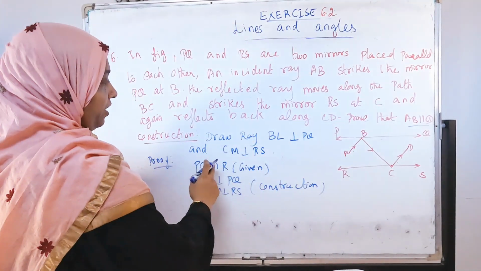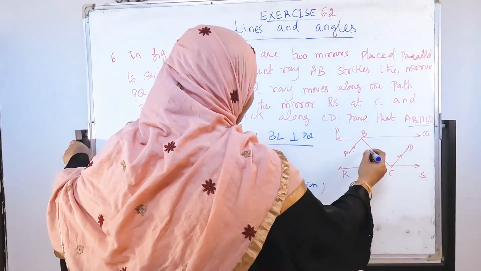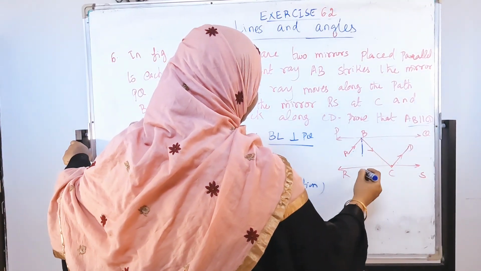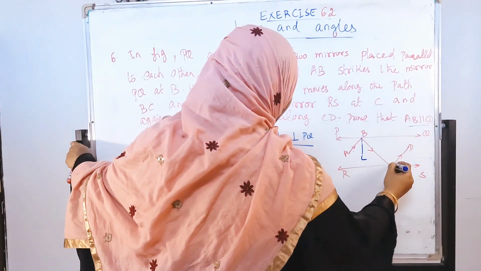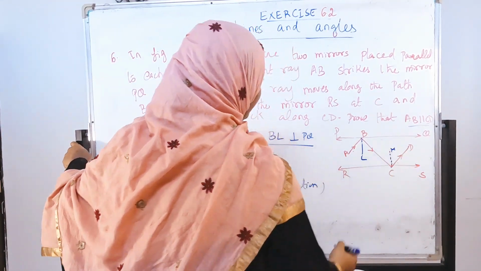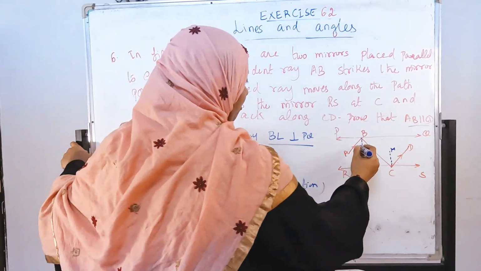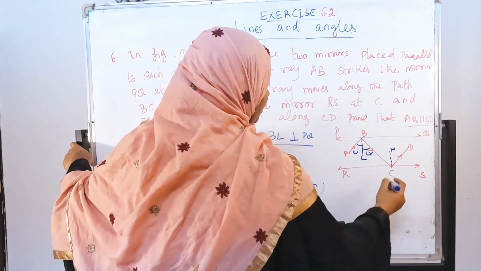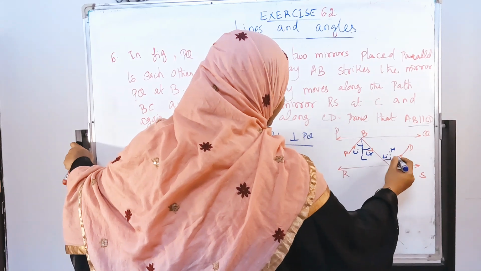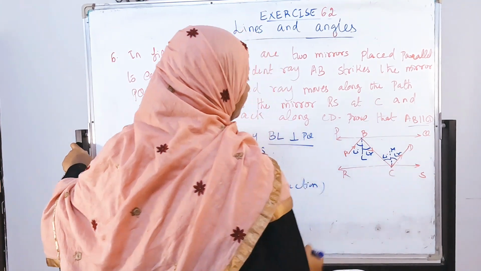Here, first, construction we are doing. One BL perpendicular we are drawing here. Similarly, CM perpendicular to this one we are drawing here. And the angle of incidence is equal to the angle of reflection. Similarly, here the angle of incidence is equal to the angle of reflection.